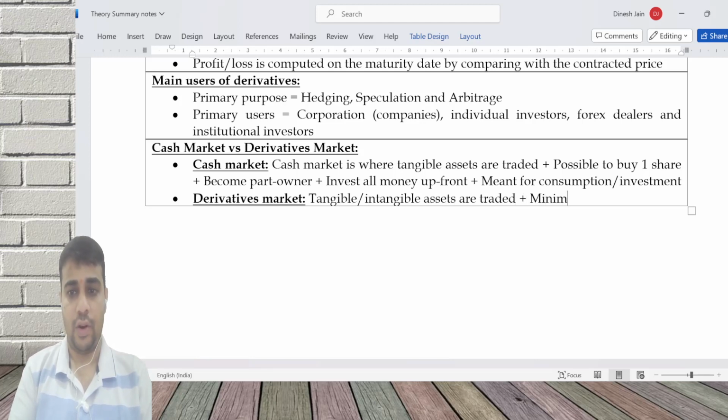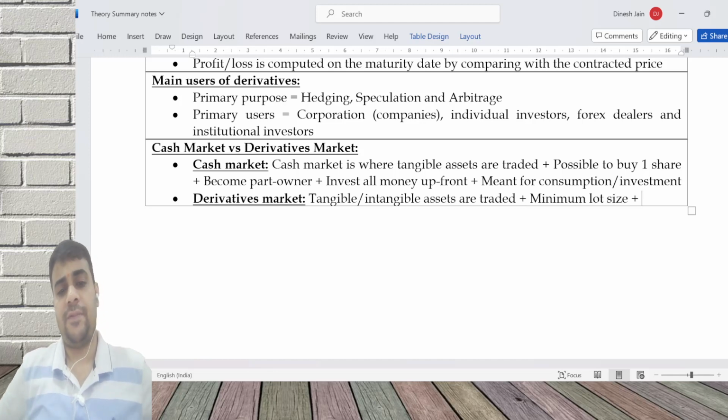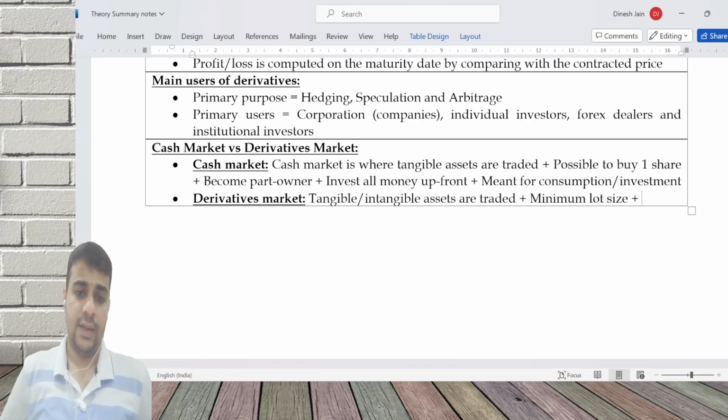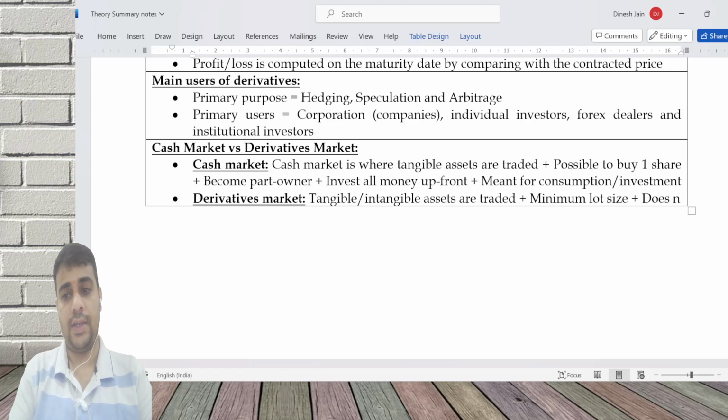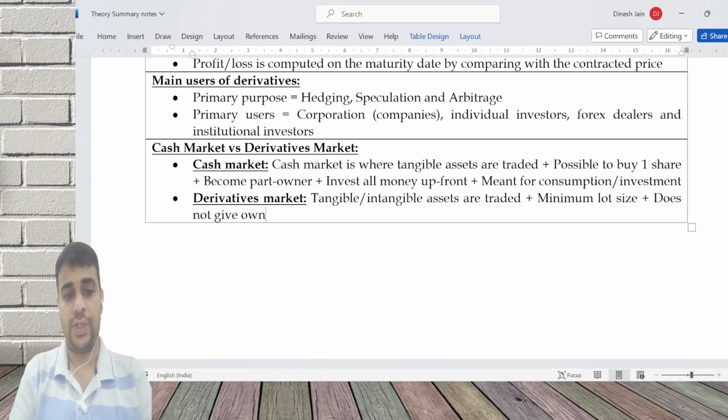Minimum lot size: you cannot buy one, maybe some 500 or 100 depending on the value of that share. Minimum lot size. Does not give ownership.